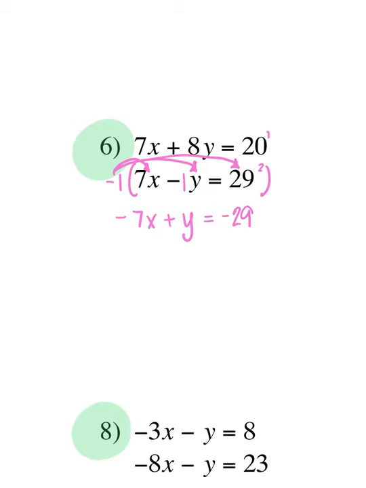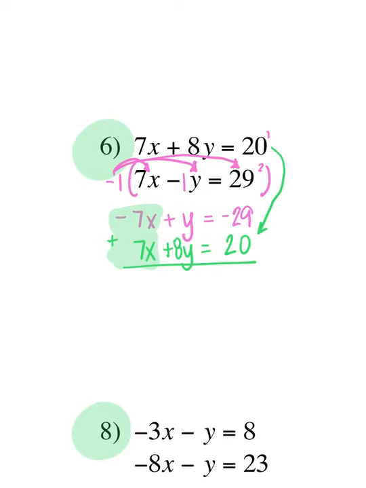Okay, so now I'm just going to go ahead and rewrite this down here, and I get 7x plus 8y equals 20. Okay, now my 7's can cancel each other out when I add.